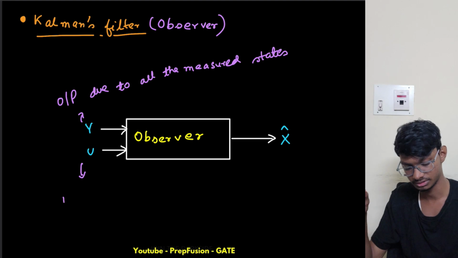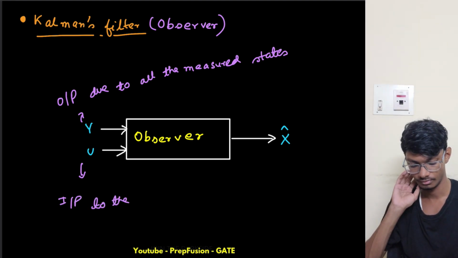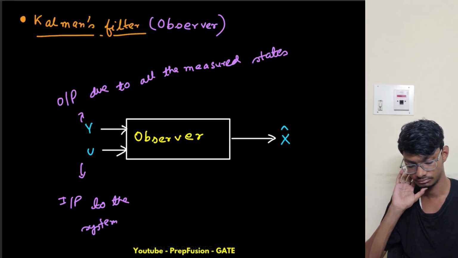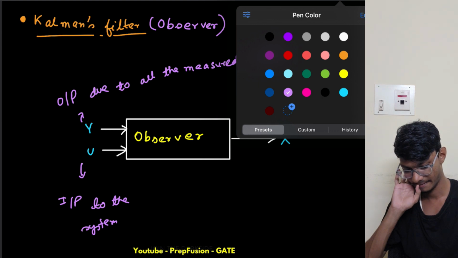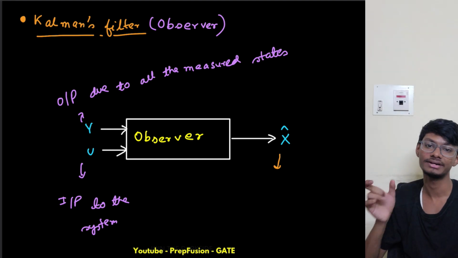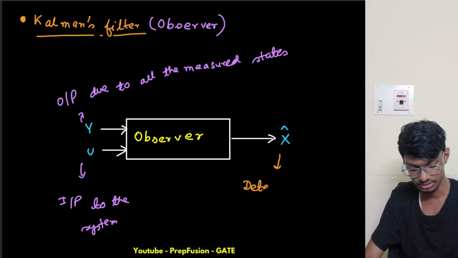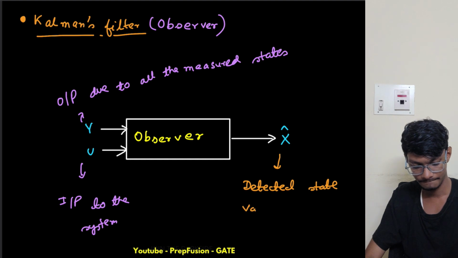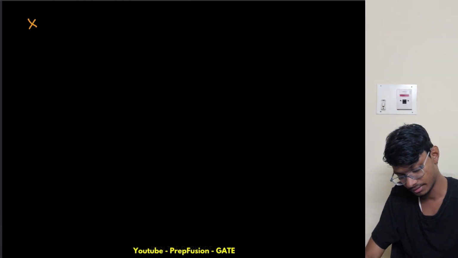This is the normal input to the system. And what is the other thing? This is the estimated state variable, or detected state variable. So I can call this detected. This is known as the detected state variable. So what is my x cap?